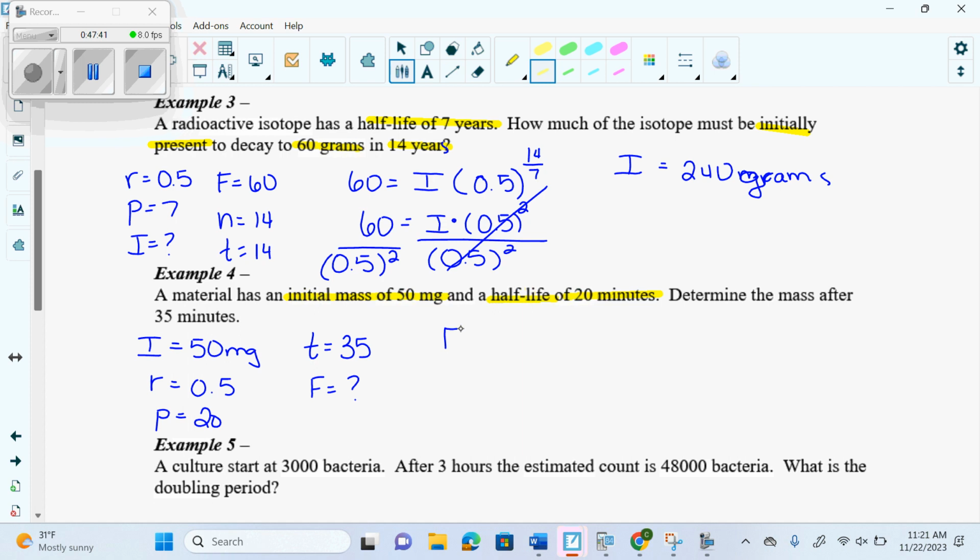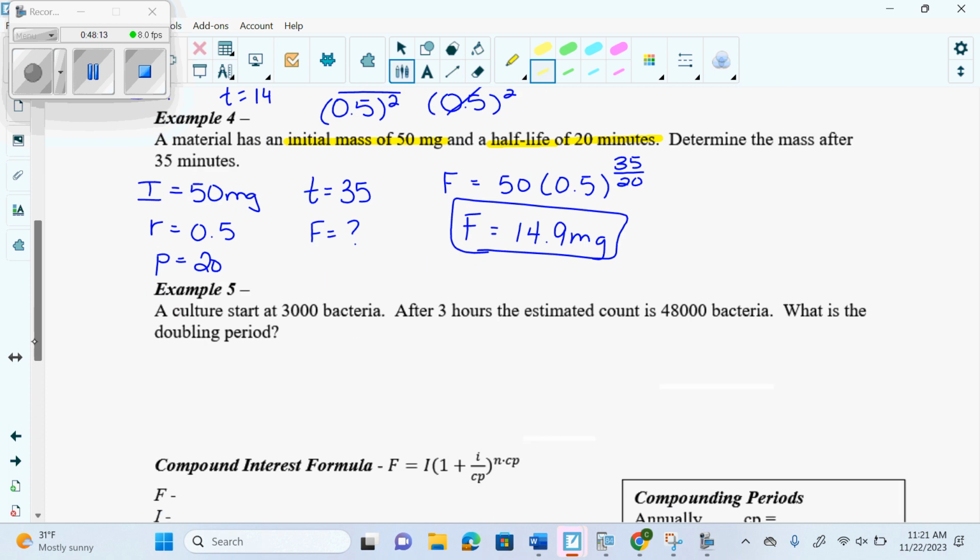So I get final equals 50 bracket 0.5 to the 35 over 20. Do I have to convert this to a log? No, it's all on the right-hand side. Just type it into your calculator. So the final equals 14.9 milligrams. So the mass after 35 minutes will be 14.9 milligrams.